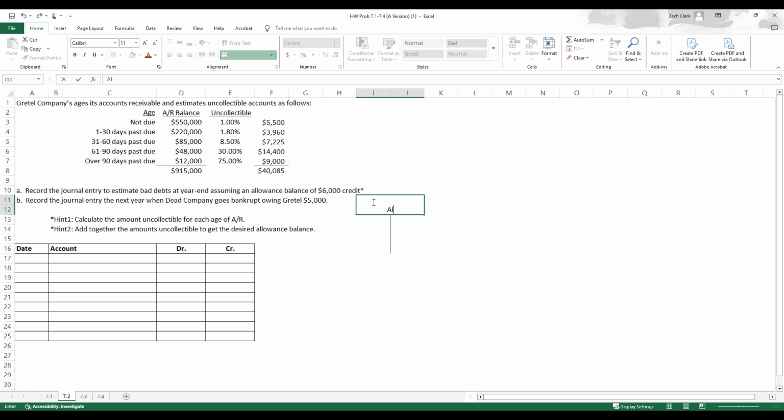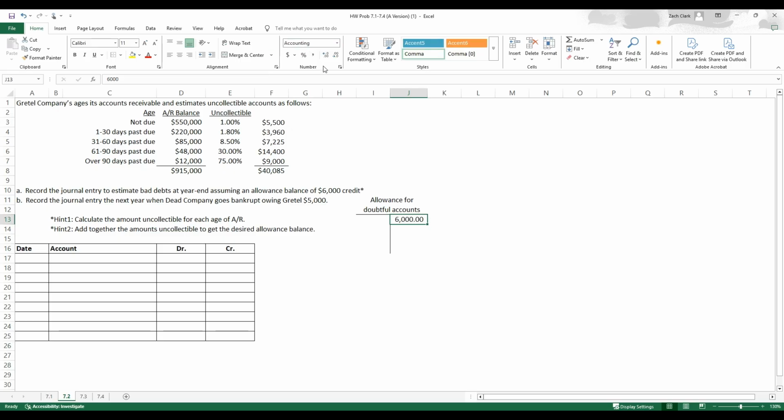This will be our allowance for doubtful accounts, a contra asset. What we're saying here is we already have a $6,000 balance in that account. So when we do our analysis, we're doing the AR aging method again, so we're going to have to account for this credit balance that's already in there. Keep that in mind.